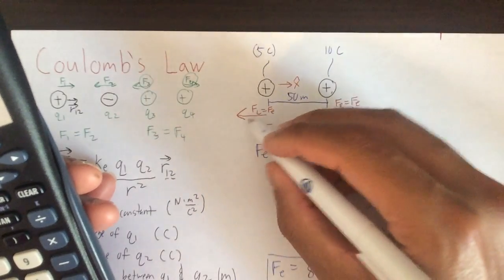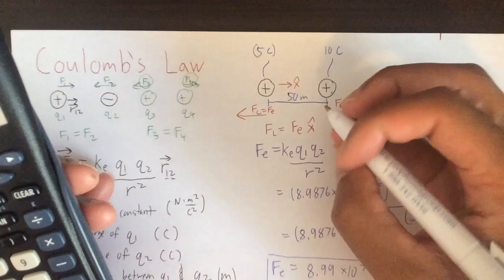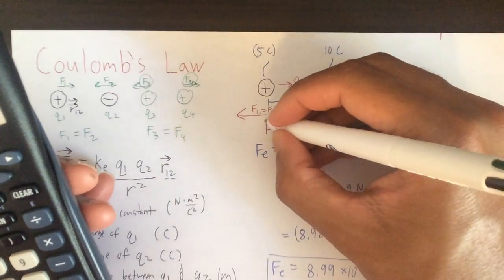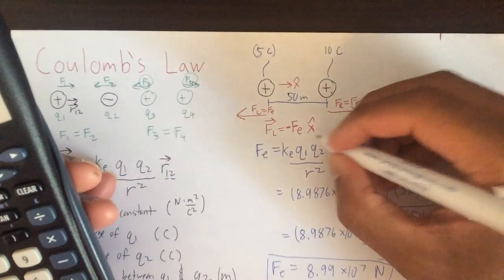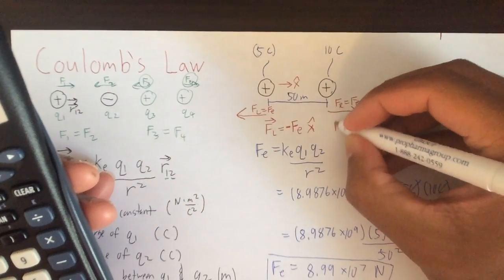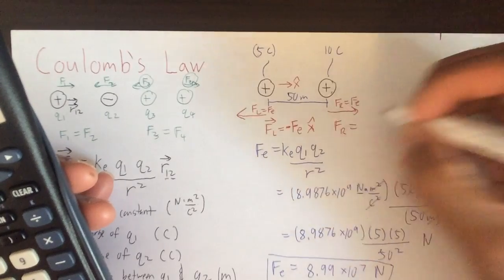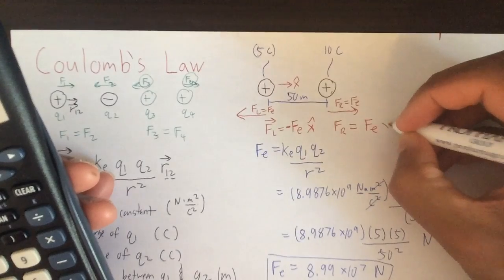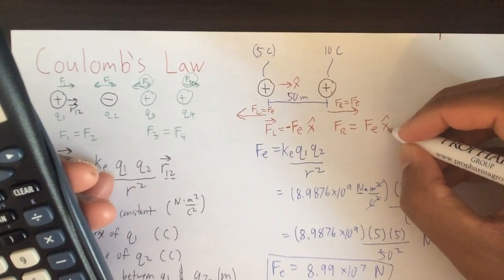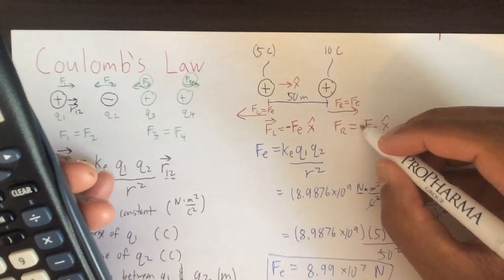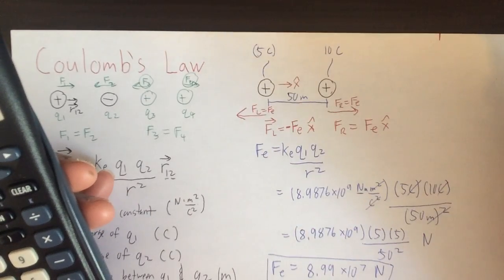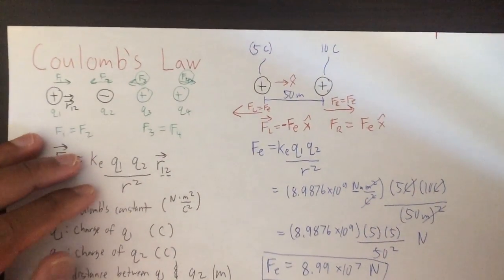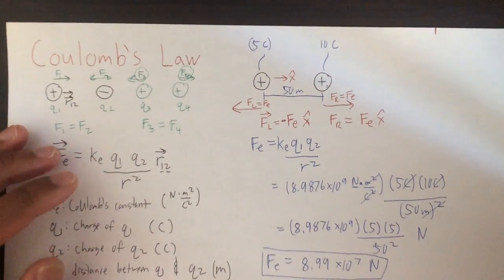But since this is heading in the opposite direction, we're going to put a negative here. And then same thing with F right. Well, not the same thing, but it's going to have the same magnitude. And based on the definition that we gave for the unit direction x, we know this is going to be positive here. So that's an example of using Coulomb's law, guys.